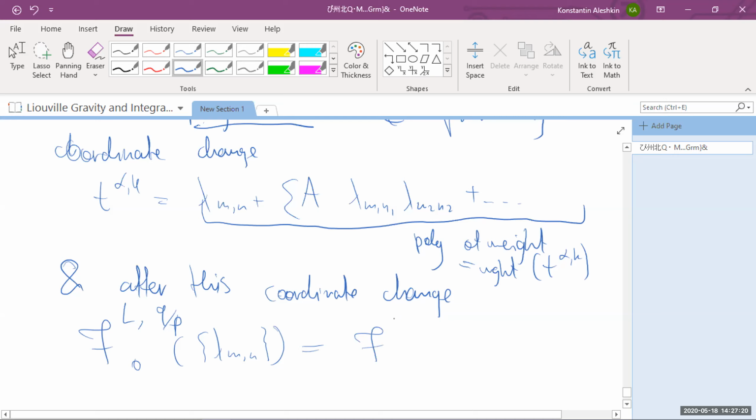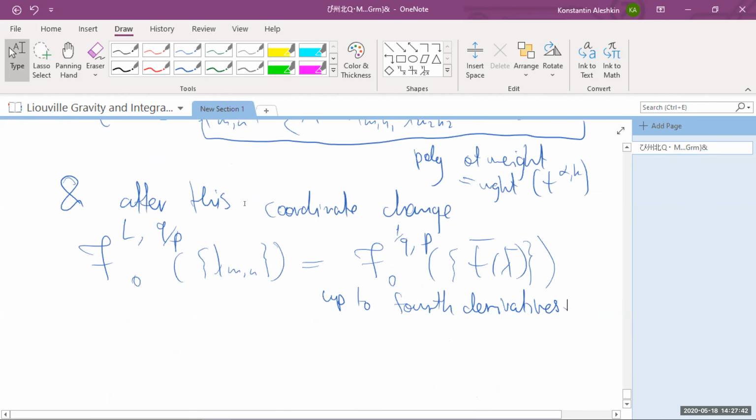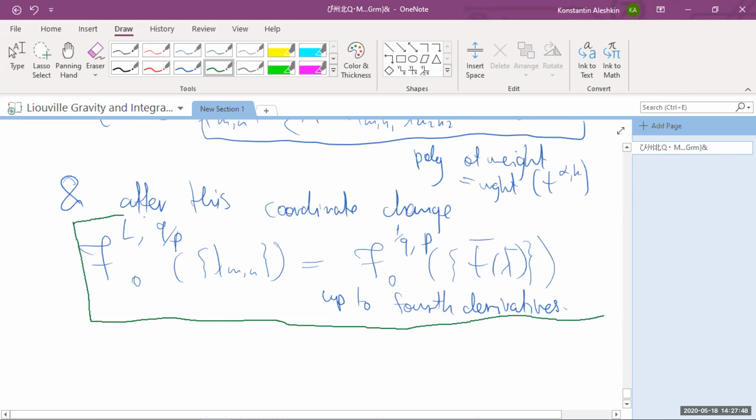F 1 over Q comma P naught of T of lambda, up to fourth derivatives. Okay, so far this is one of the main advances in these theories and one of the main conjectures. It's not much, but still.